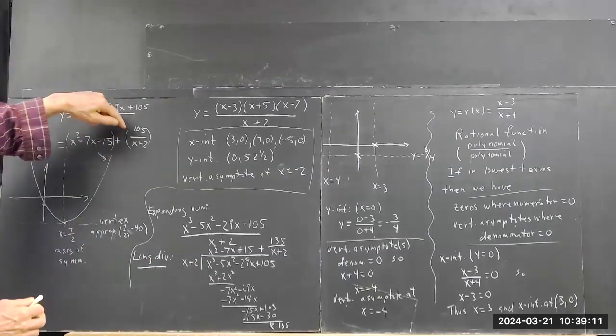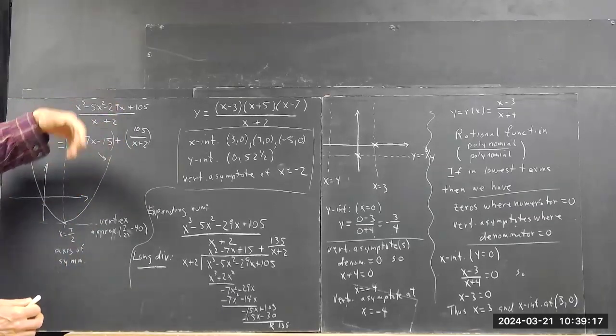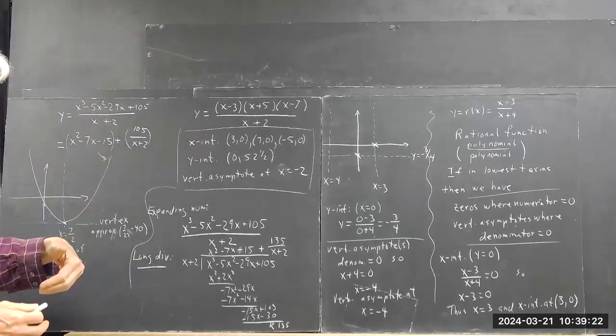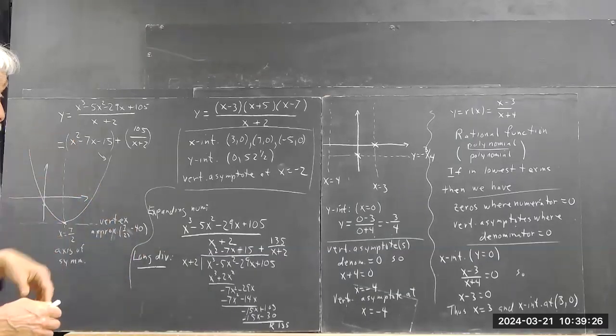well, the other function is 105 over x plus 2. Now that's just a vertically stretched 1 over x plus 2 function. It's a vertically stretched reciprocal function shifted over 2 units, shifted to the left 2 units.